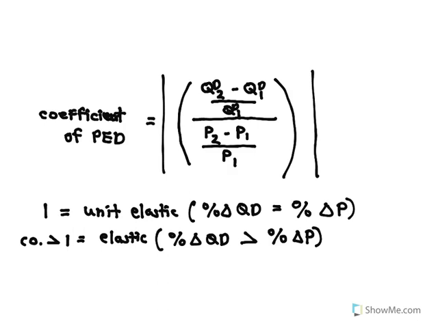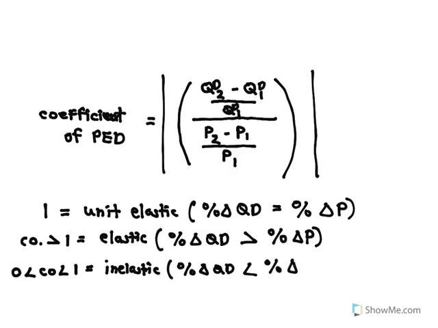And then if the coefficient is between 1 and 0, so it can't be 0 and it can't be 1, the demand is going to be inelastic, which means there's a smaller percent change to quantity demanded as a result of a percent change to price. So consumers aren't reacting as strongly as the price change itself.